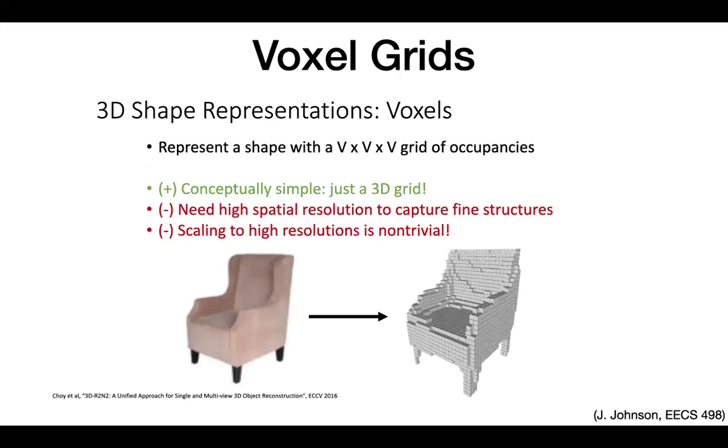As I said, the voxel grid is a natural extension of an image. If you have an image, it has 2 dimensions, horizontal and vertical.